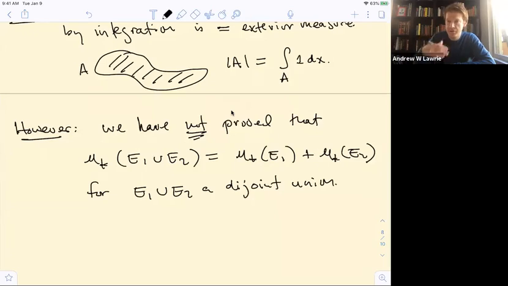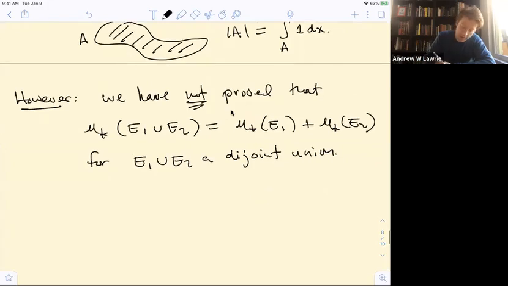We needed to assume that the sets had positive distance from each other to prove the statement.